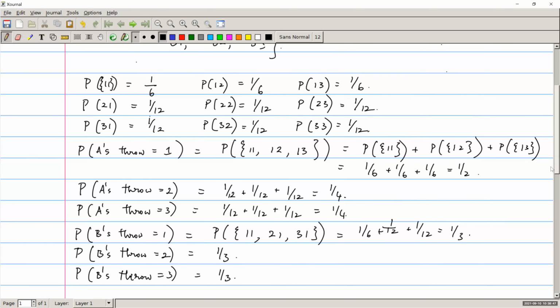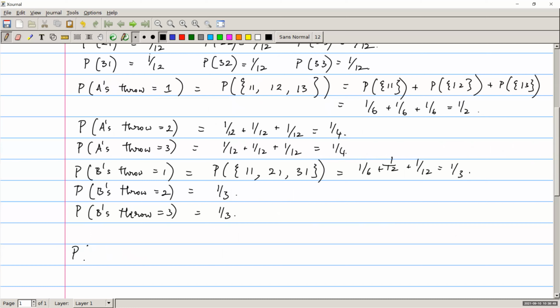Now what is the probability that A's throw is 1 given B's throw is 2? How do we calculate this? Let's do it step by step.